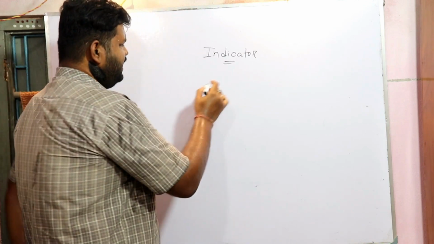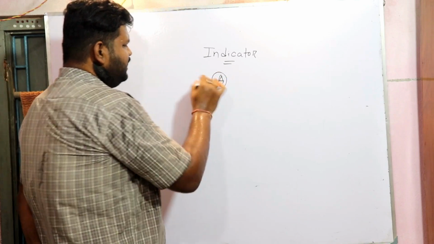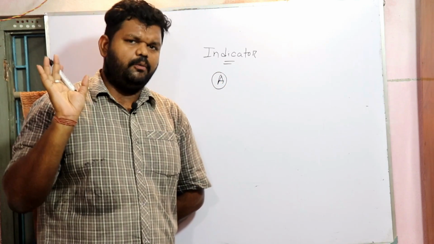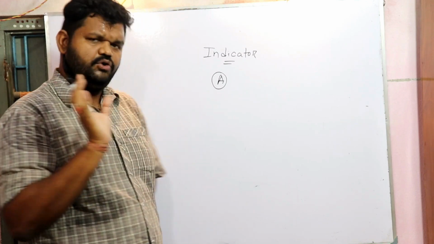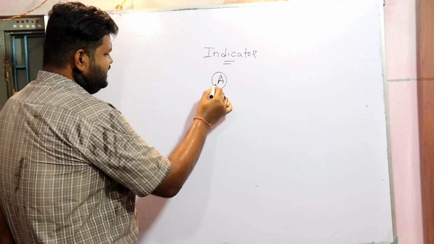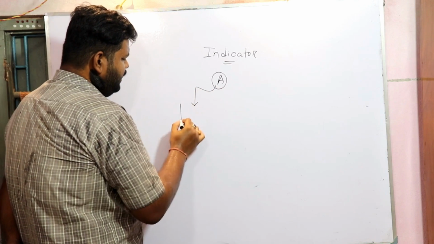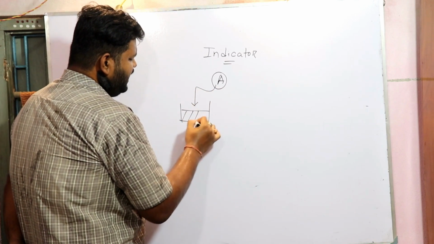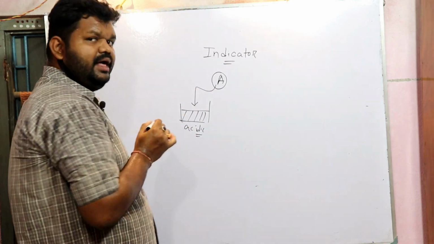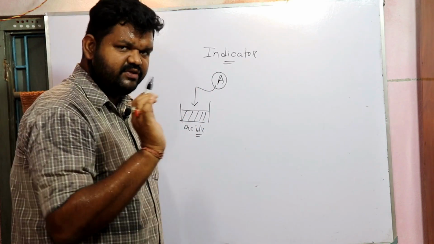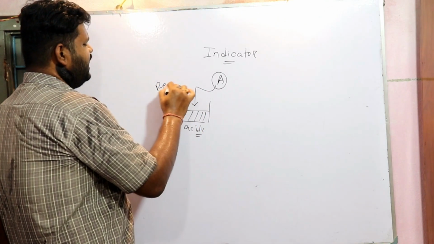Suppose A is any substance, any chemical substance or any natural substance. When this A is mixed with an acidic solution, it gives a type of color, let us say red color formation.